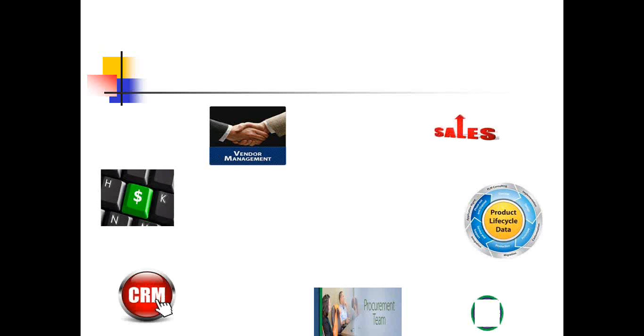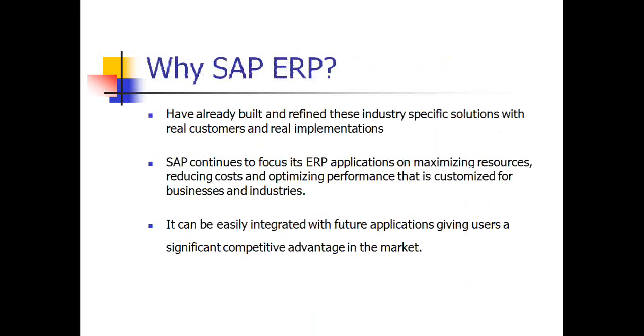Here you can see we have different modules, or teams. We have a finance team, then we have vendor management, CRM, that is customer relationship management, and we have an HR team. Now all are bound together, and they are known as ERP. Okay, we'll just go through these points.